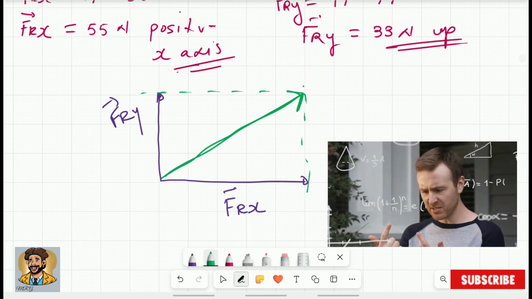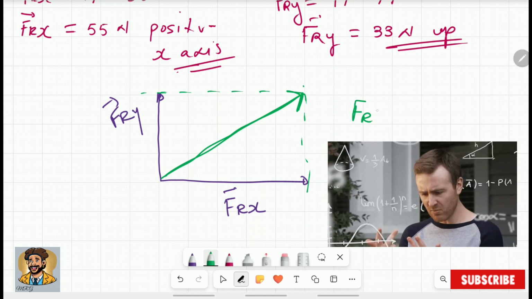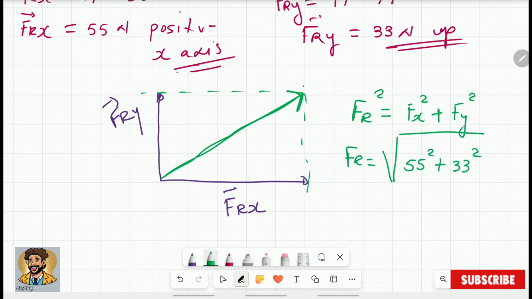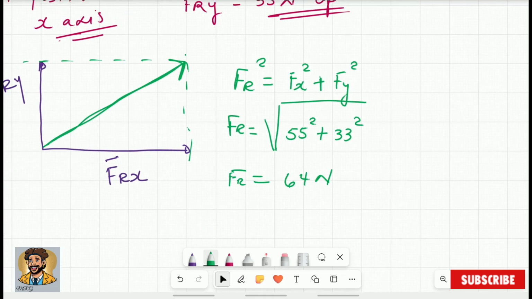So how do we get that one now? Pythagoras. Fr squared is equal to Fx squared plus Fy squared. That is Pythagoras. Are we done? No, we need the direction. How are we getting the direction? With the tricks. Here is the angle I want.